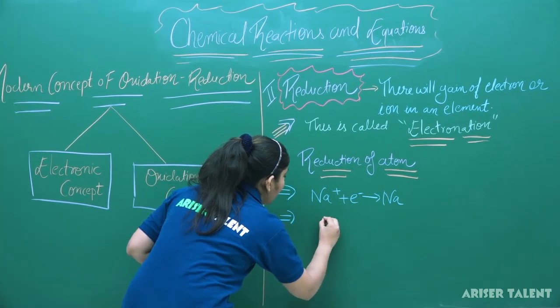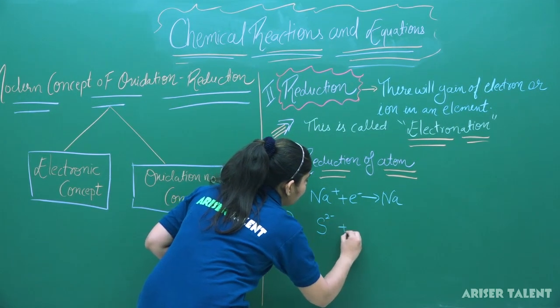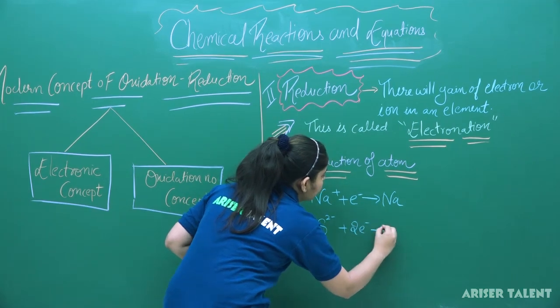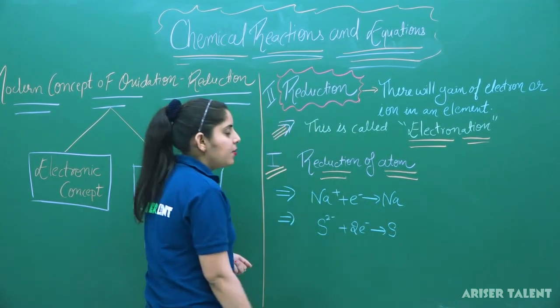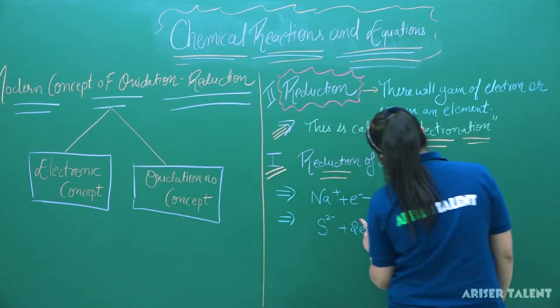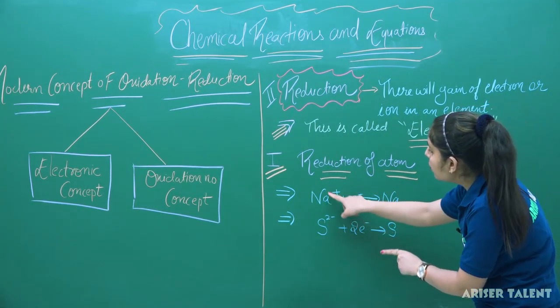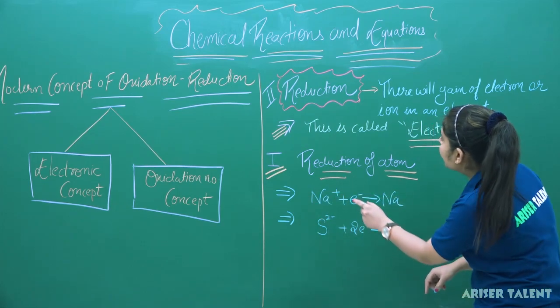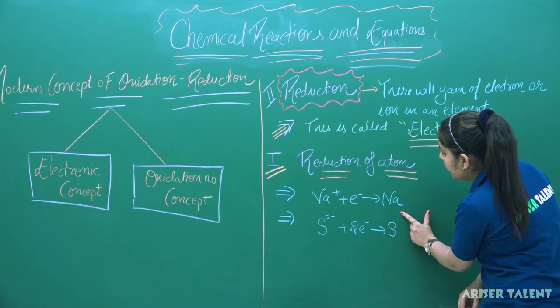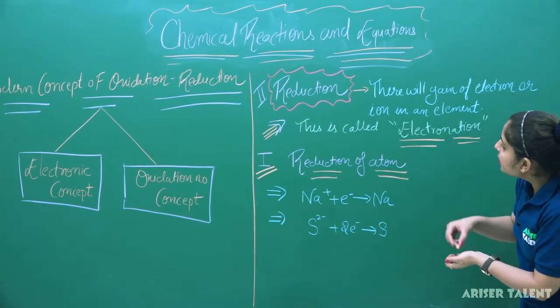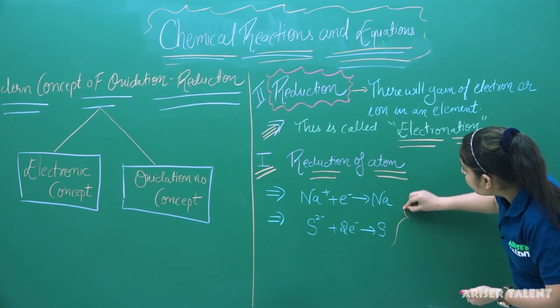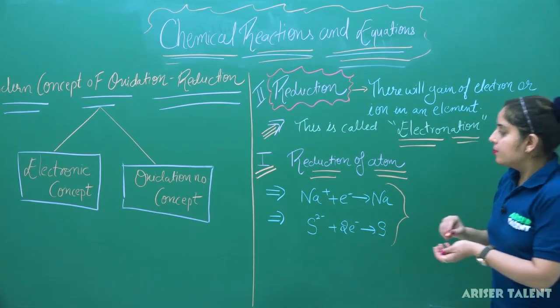Second example: S2- + 2e- gives sulfur. What you can observe here is that there is an addition of an ion or electron to some element, so we can say that this will be a reduction reaction. So here are two basic examples of reduction of atom.